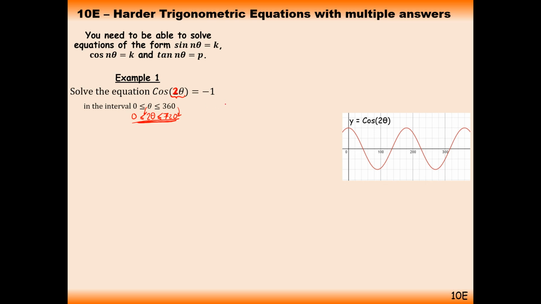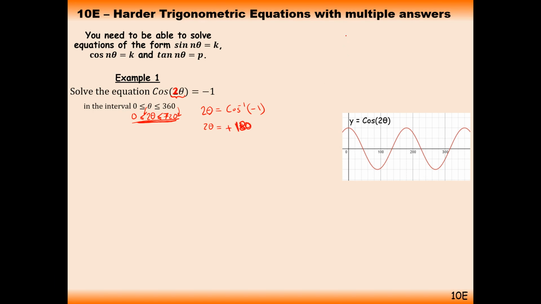Solving this equation leaves us with 2 theta on the left and cos inverse of minus 1 on the right. Cos inverse of minus 1, if you put it on a calculator, will give you 180 degrees. So I know 2 theta is 180 degrees, and taking 360 minus this answer will give us the same answer.